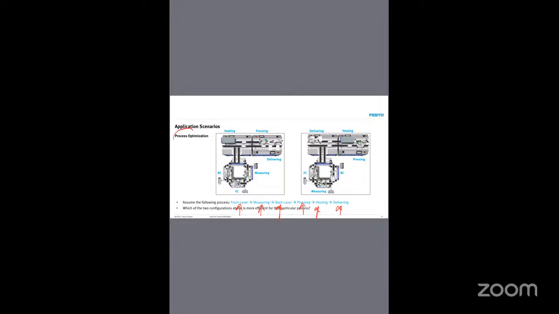Now we are talking about process optimization. So we have two different layouts. Which layout is taking the robot less time, with more throughput? That layout is what is called a good layout, right? Less time and more throughput. That is what is called a good layout.